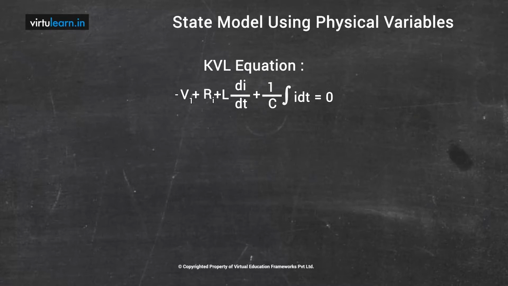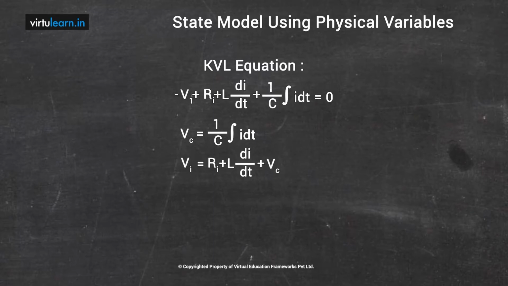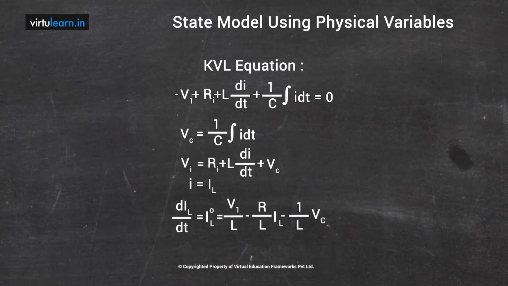Now we know that the capacitor voltage we can write as Vc is equal to 1 by C integral I dt. Therefore wherever this term is there, I can replace it with Vc. So I can write now Vi is equal to Ri plus L di by dt plus Vc. Now in this equation I have L di by dt where this small i is similar to the capital I. So I can write small i as IL, which is one of the state variables.